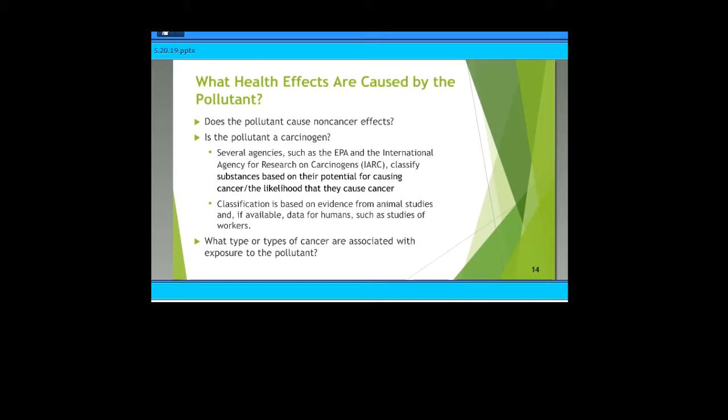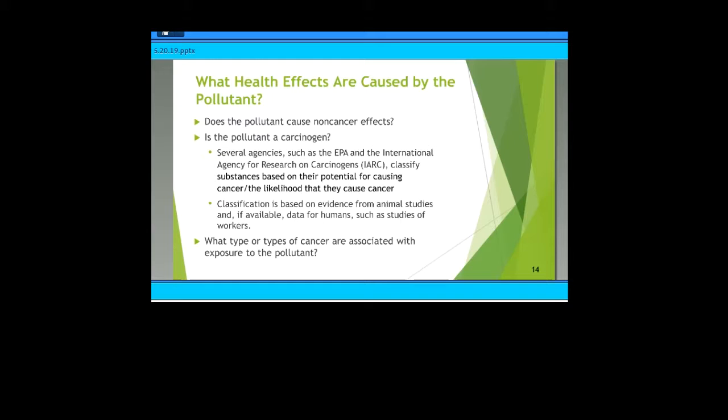And here there are several agencies, and we've highlighted two here, EPA, and also the International Agency for Research on Carcinogens, which we call IARC. They classify substances as to their potential or the likelihood that they can cause cancer. And while they use different words, we pretty much have the same kind of approach to it.